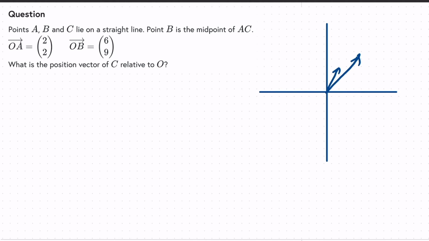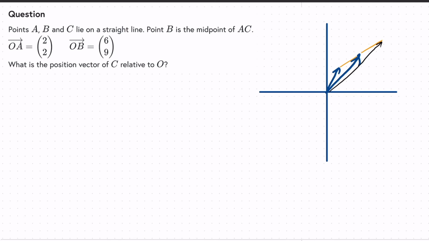The distance between these 2 points, right, B is the midpoint of AC. So I need to go another version of whatever this is. Right, so I'm doubling that to go twice the distance, which tells me my final vector with respect to O, OC, is going to look like that.